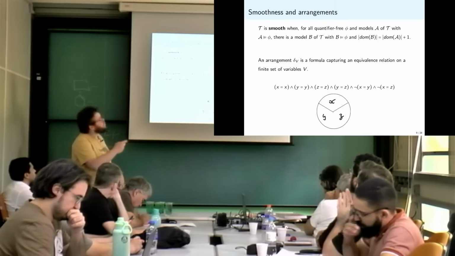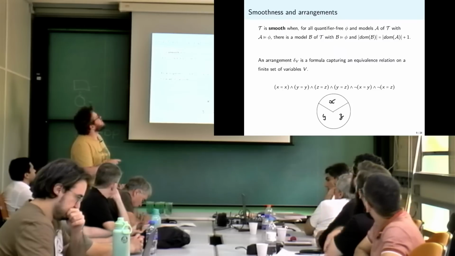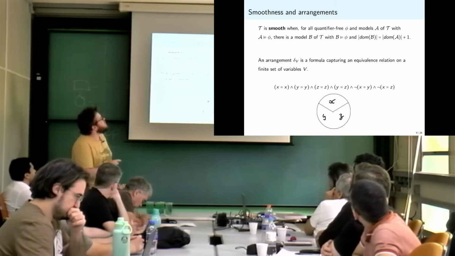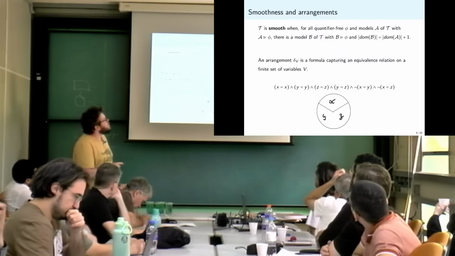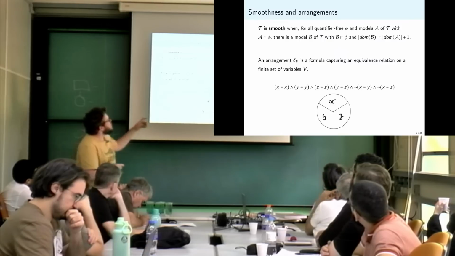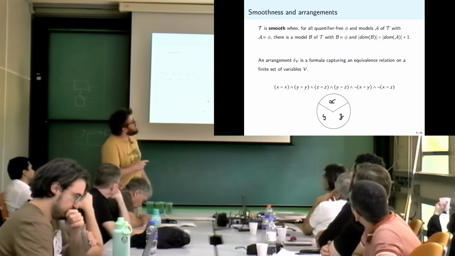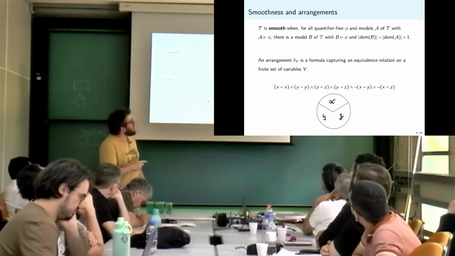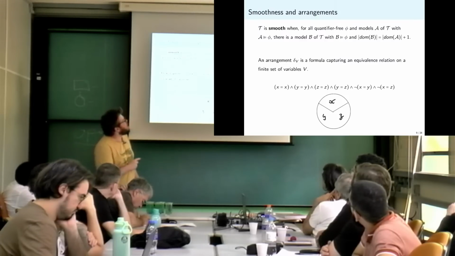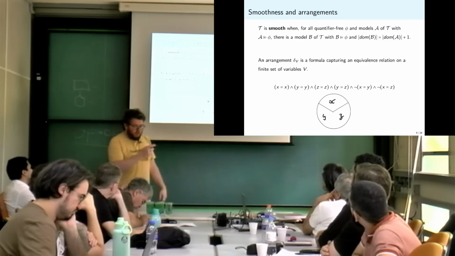This is a step in defining politeness. An arrangement is just a formula encoding an equivalence relation. Here you can see that x is one equivalence class, y and z are another equivalence class, and this is codified by this formula.